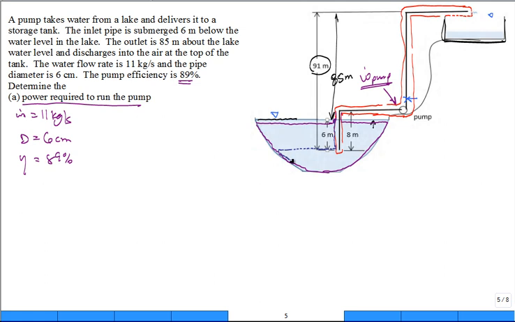And then cut all the way through the bottom of the lake, and then come across just like that. So we have control volume A, control volume B, and control volume C. Okay? Does that make sense? All those make sense? All right.